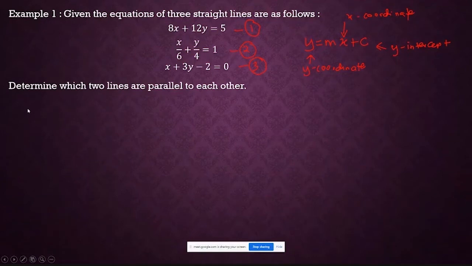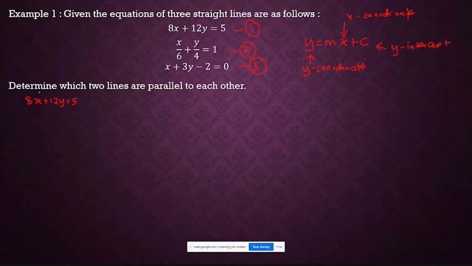Okay, for the first line, 8x plus 12y equal to 5. Line number 1. You must change it to our general form y equal to mx plus c.